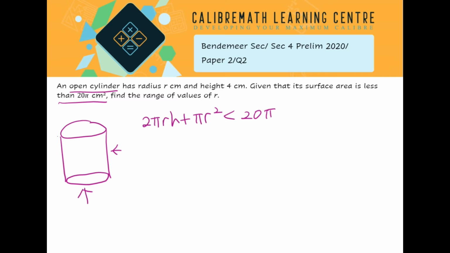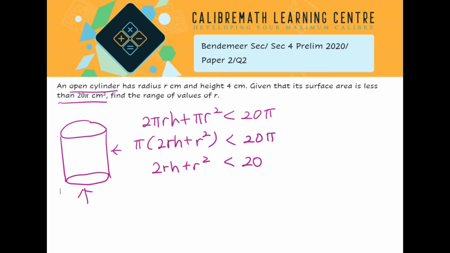And then after that, we know that pi is a common factor for both sides of the inequality. So we are going to take out the common factor pi. pi times (2rh plus r squared) is lesser than 20 pi. And so we can divide by pi throughout for both sides, and we will get 2rh plus r squared to be lesser than 20.